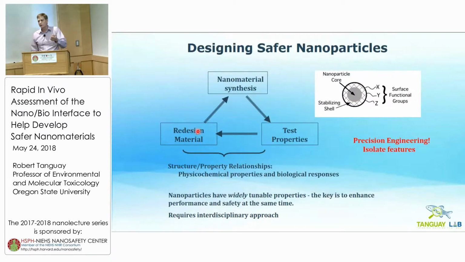And then what can we learn from this? I'm picking what people would probably call first generation nanomaterials, the boring stuff, the boring spherical metal oxides. But I hope I convince you that there's a lot to learn in the material science space still by studying these materials and coupling it with biology.